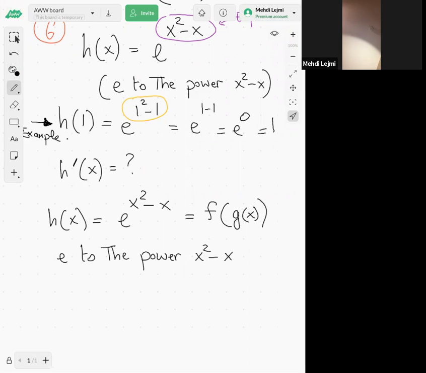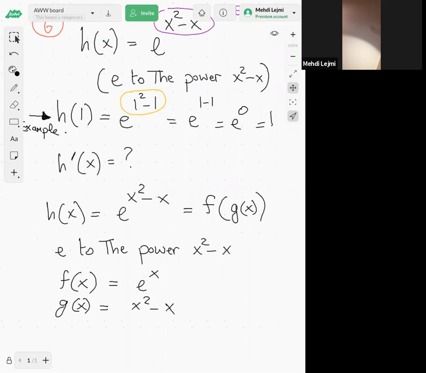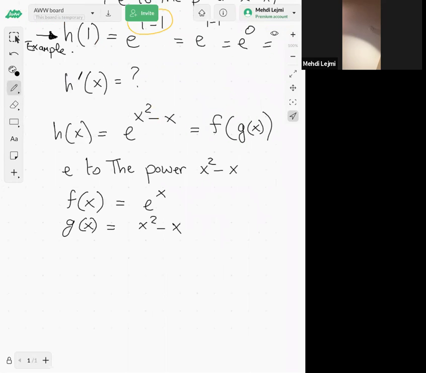Then let's say your f of x is e to the x, and g of x is x squared minus x, right? So what will be f of g? So this is f of g of x.